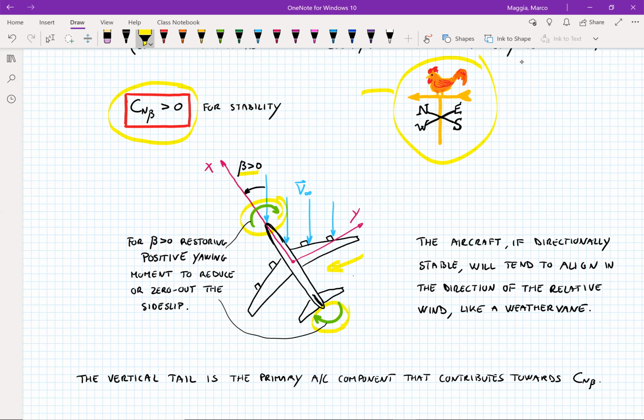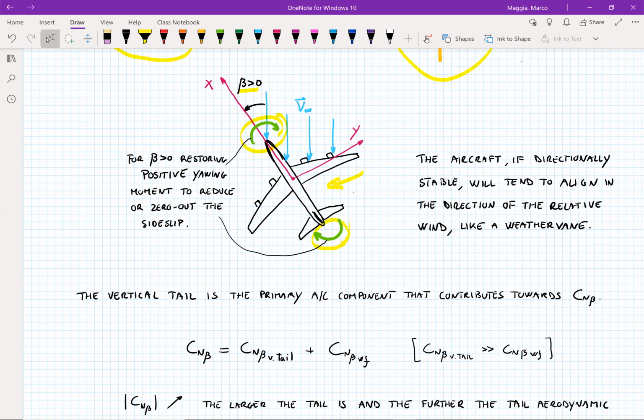And this is done by having a vertical tail. In fact, the vertical tail is the primary aircraft component that contributes towards the value of the derivative Cn beta. You can think about the air pushing on the vertical tail and producing this yawing moment so that the airplane turns in the direction of the relative wind.